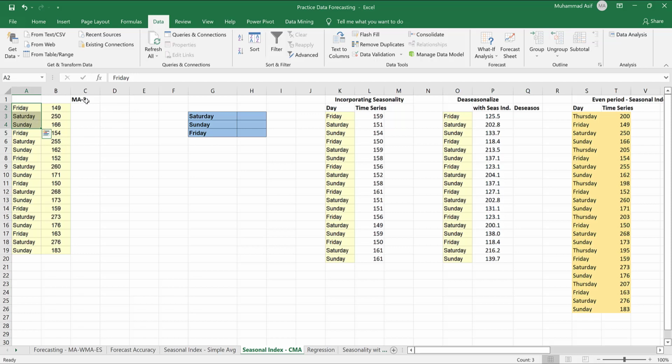So we are going to use MA3. If it's something like Thursday, Friday, Saturday, Sunday, it would mean there are 4 periods, and in that case we will need to use a 4 period moving average.